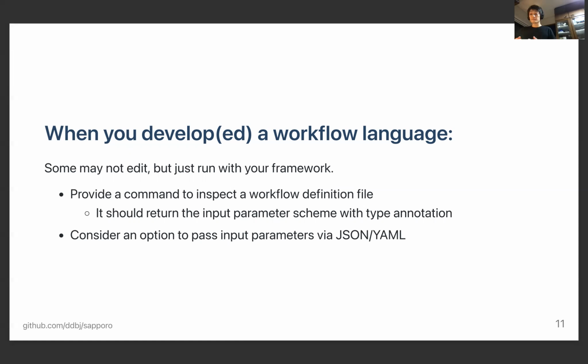So please provide a command line inspector, which takes the definition file as input and returns the input parameter schema. Ideally, input parameters should be represented as structured data with type annotation. And also, it would be a good idea to have an option to pass input parameters via JSON or YAML file.